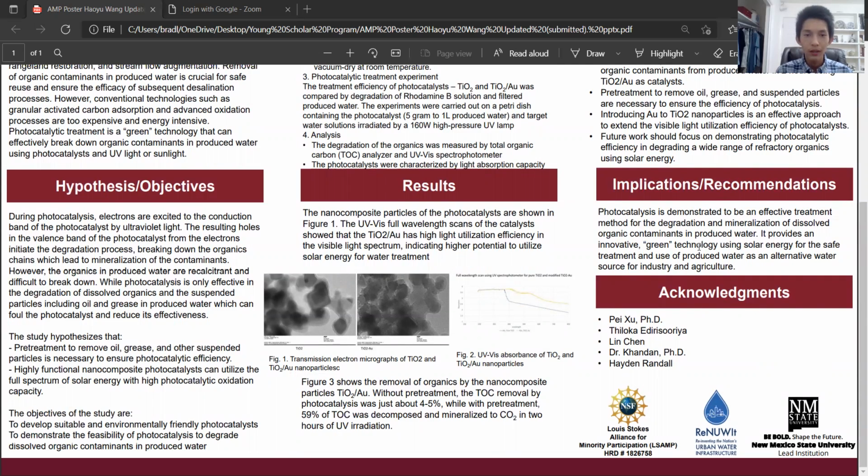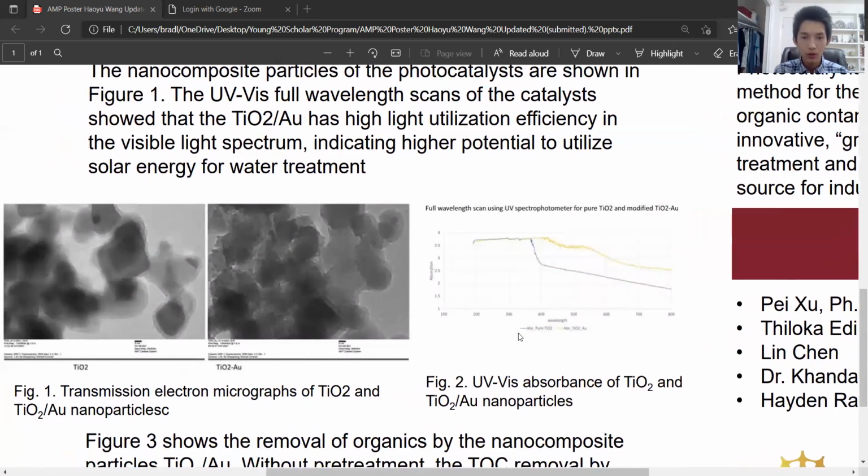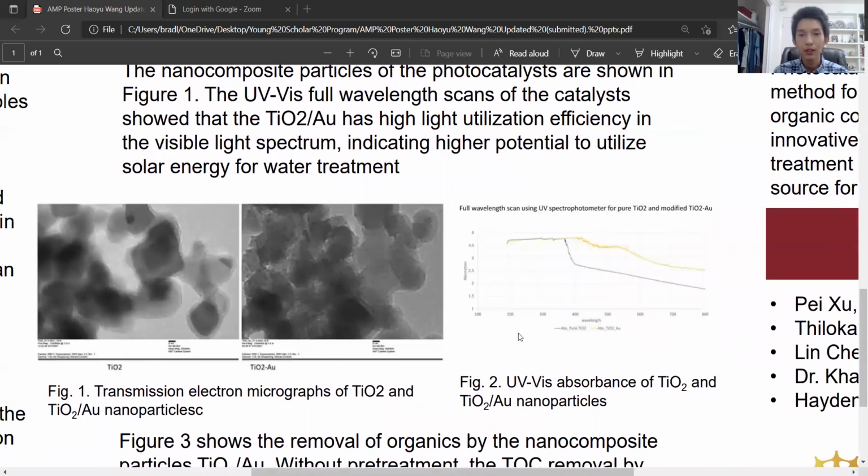The results: the nanocomposite particles of the photocatalysts are shown in figure 1, as you can see there, which compares the non-deposited photocatalysts on the left and the titanium dioxide gold photocatalysts on the right. And here you can see a graph which shows the full wavelength scan using a UV spectrometer of pure TiO2, titanium dioxide, and titanium dioxide gold-coated photocatalysts.